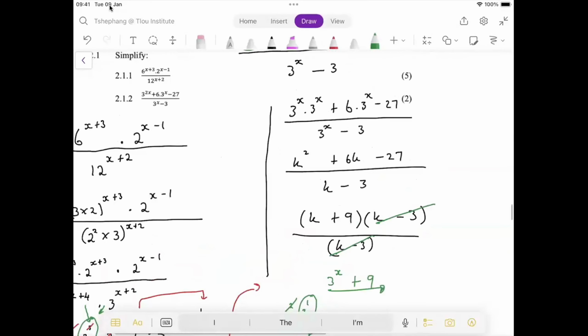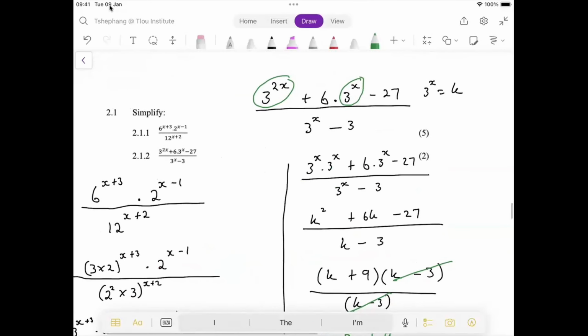Okay, quickly going to run over this again. So this was the equation. And we said, let 3 to the power of x become k. Okay, so 3 to the power of x is equal to k. We broke this down. Here it is. 3 to the power of x multiplied by 3 to the power of x. Remember, when bases are the same, you add the exponent.